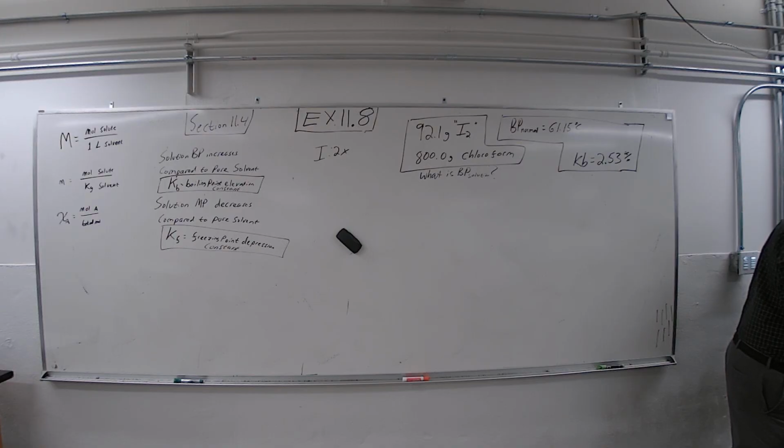You'll have this particular periodic table. Iodine is 126.90.